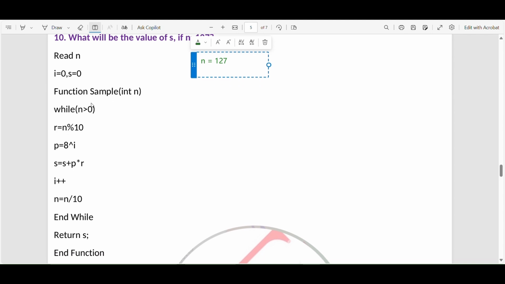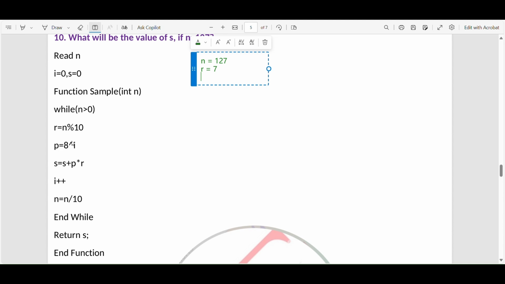Here function we are having, which is sample, and inside the parameter is n. Okay, and when n is greater than 0, yes, definitely n is greater than 0. So r will be equals to n modulo 10. N modulo 10 will give you 7. Means modulo 10 is nothing but when you divide by 10, the remainder will be the value of r. So r will be equals to 7.